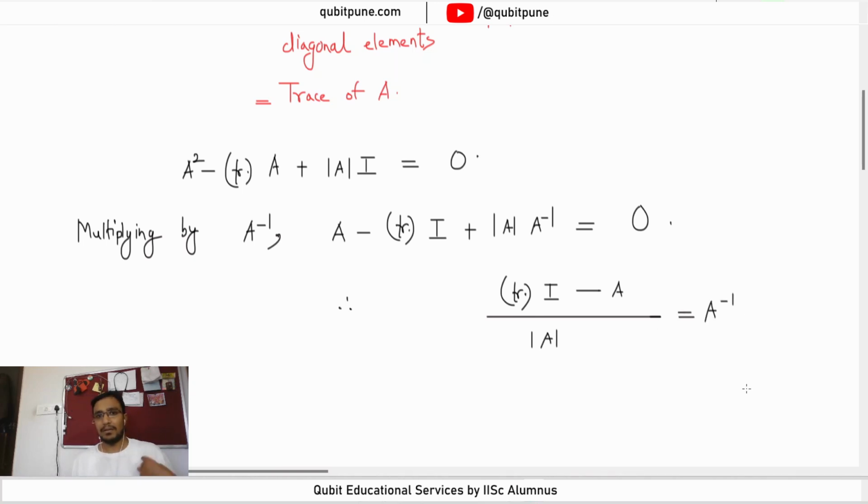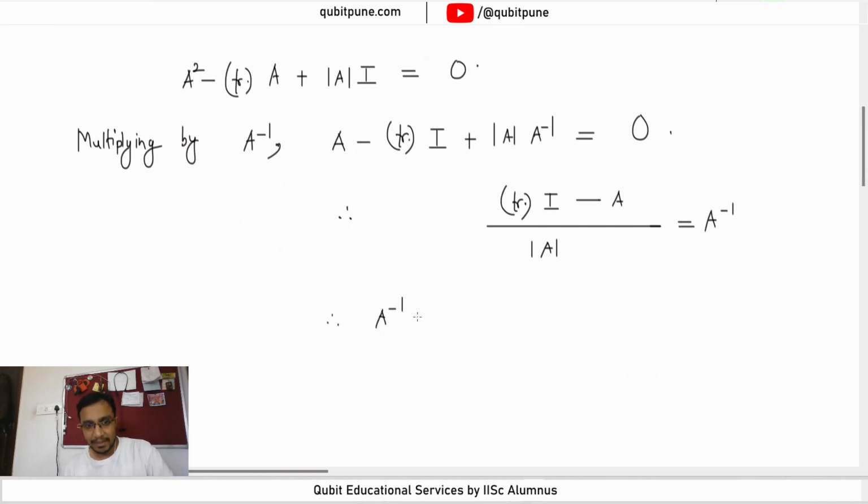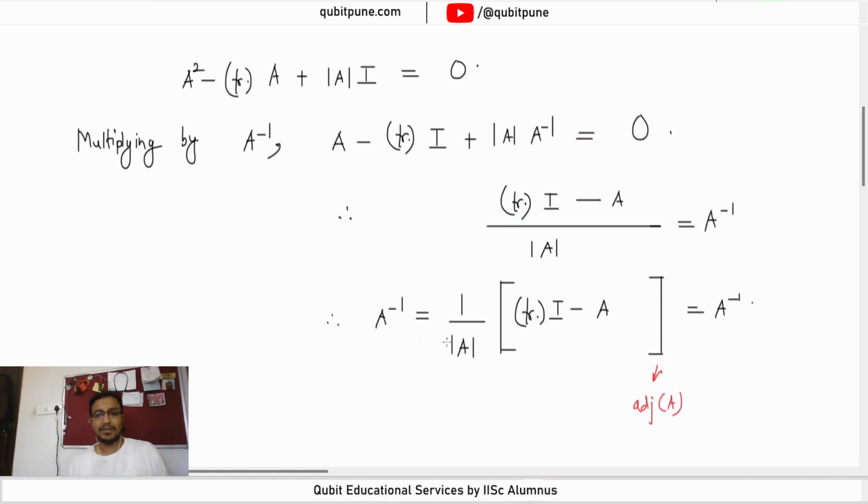Have you followed this? I shifted A and trace of A into identity matrix to the other side, and then divided both sides by determinant of A. So this gives me an interesting result: trace of A into identity matrix minus the matrix A is actually the adjoint. Because what is the formula for A inverse? 1 upon determinant of A into adjoint A, that's A inverse.